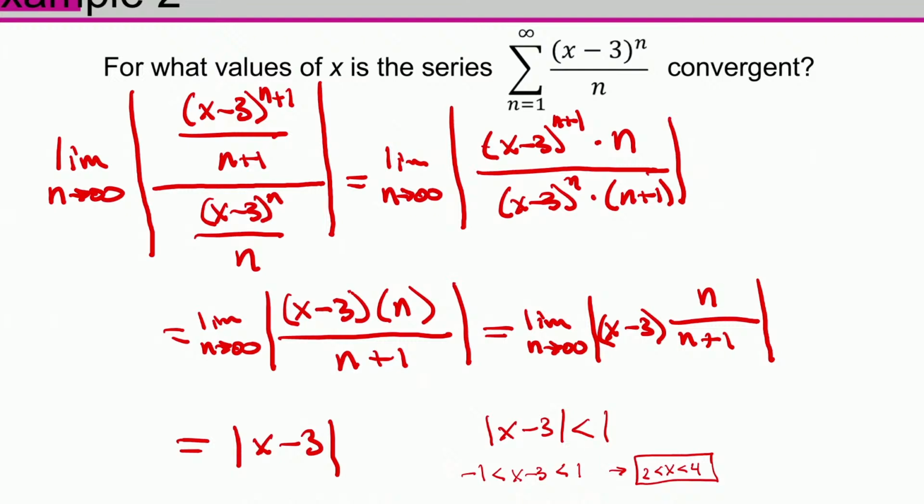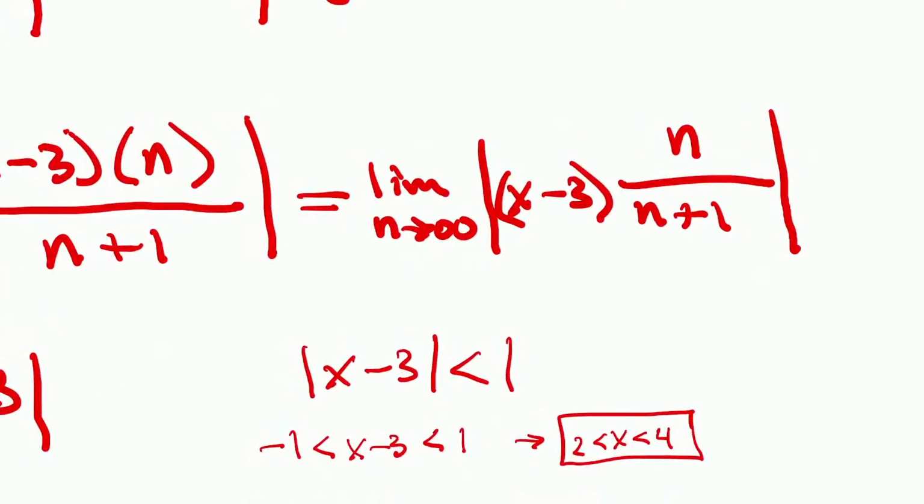Usually it's the ratio test. There will be certain situations where the root test makes more sense. Set up your ratio test, do all the simplification that you can, and then get down to something that looks like this, hopefully. And then you'll get an inequality, you'll get a range. So this tells me that that series up there will converge as long as x is between 2 and 4. So as long as x is between 2 and 4, you're going to converge. So that part hopefully makes sense.